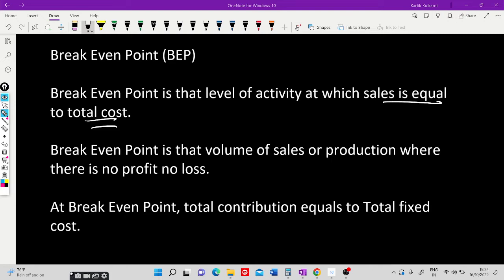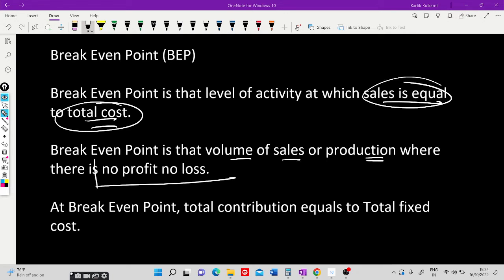Total sales or revenue will be equal to total cost. It is that volume of sales or production where there is no profit, no loss. Hence, at break-even point, the total contribution equals to total fixed cost. At break-even, contribution will be equal to fixed cost.